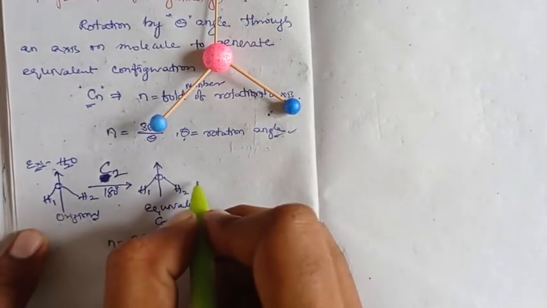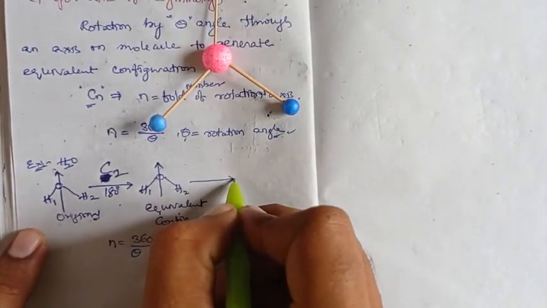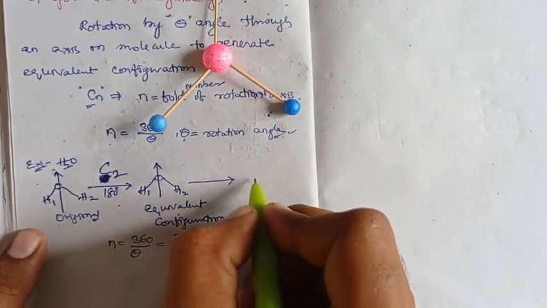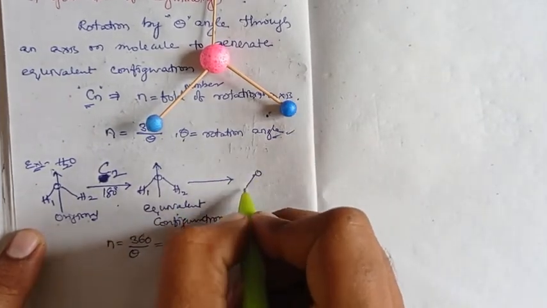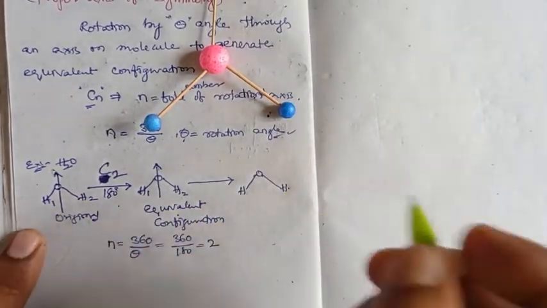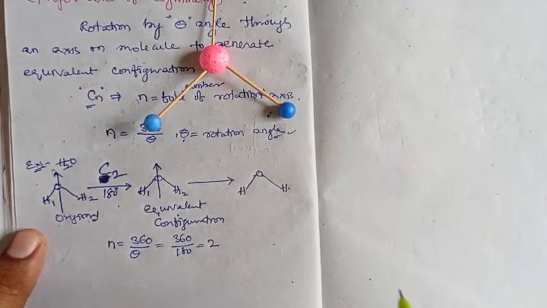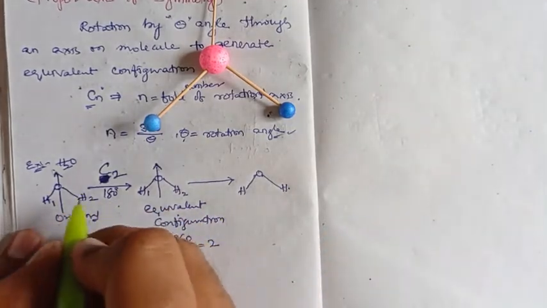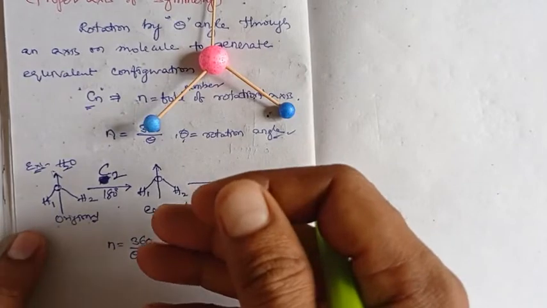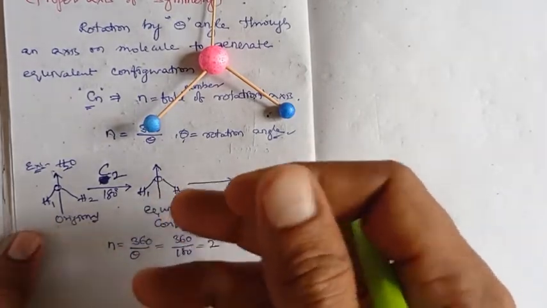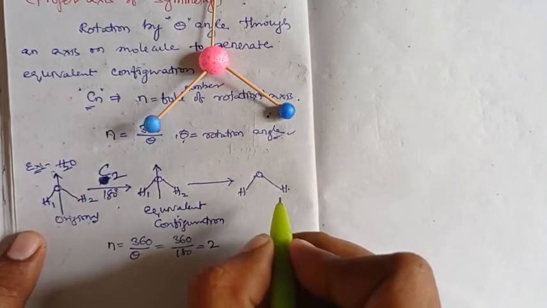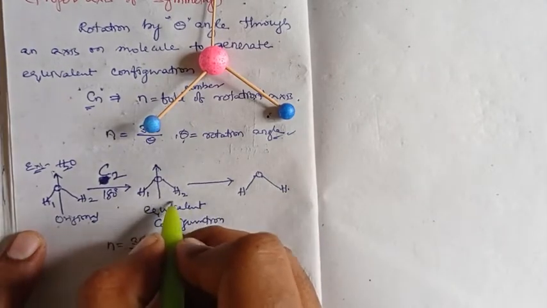Whatever symmetry operation we do on the molecule, we have to continue applying the symmetry element multiple times until we generate the identical configuration. So here we got an equivalent configuration.